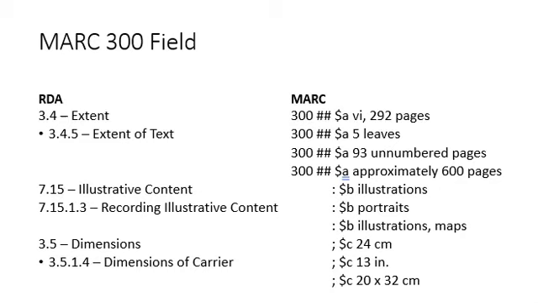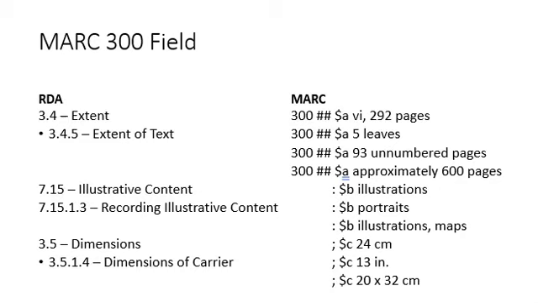A leaf is a sheet of paper. When content is printed only on one side of a leaf, it is described as such, using the word leaf or leaves as appropriate. A page is printed on one side of a leaf of paper, and when leaves have printed content on both sides, we start to describe the pages instead of the underlying leaves, using page or pages as appropriate.